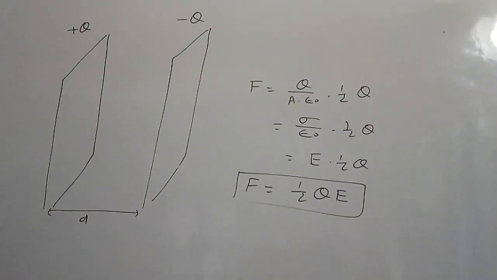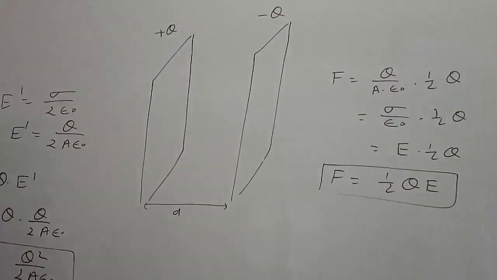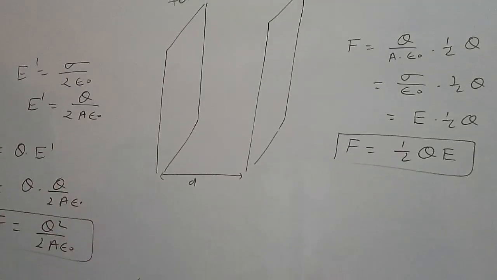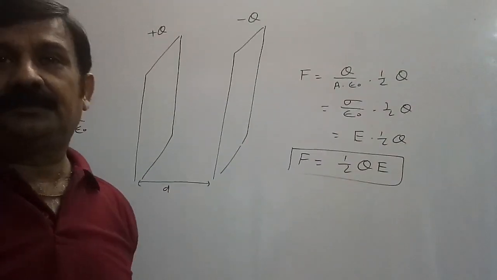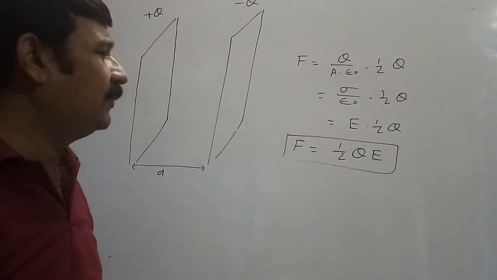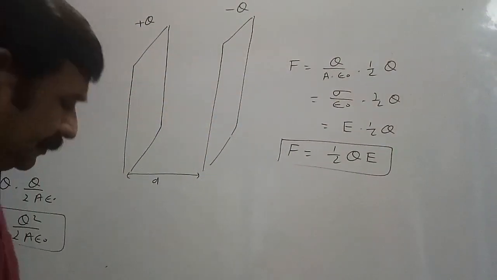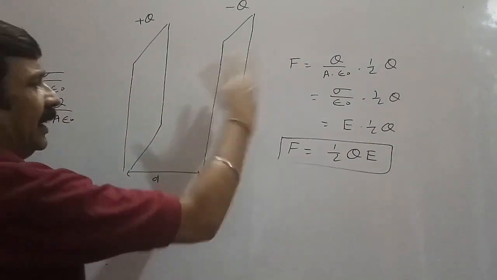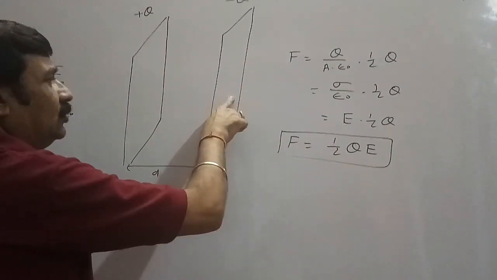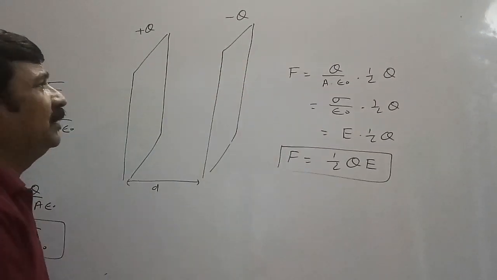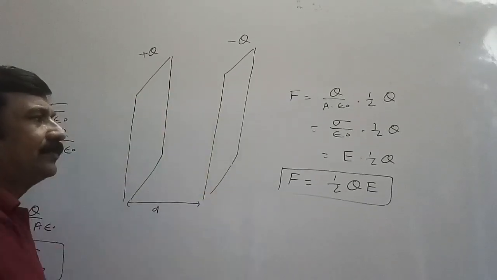Now in the board exam they asked: if Lorentz force is the force experienced by a charged body, which should be the product of charge and intensity, and here the intensity is E, then why is half coming here? What is the origin of this half? Why are we not taking only charge multiplied by the intensity of this region? The answer is: just towards the right of this plate, if we go for the Gaussian application, the intensity is 0, because opposite nature charged plates produce intensity only in between them.